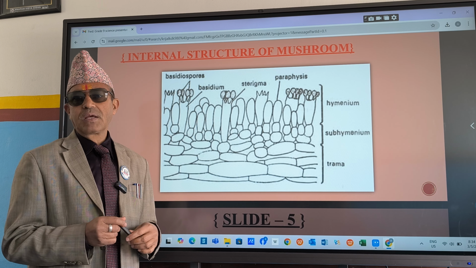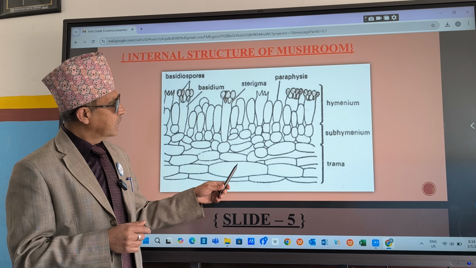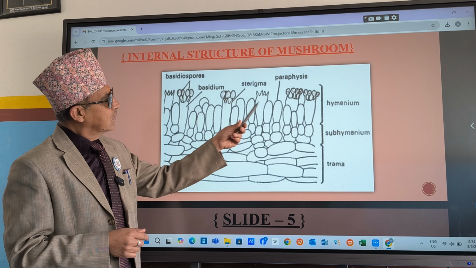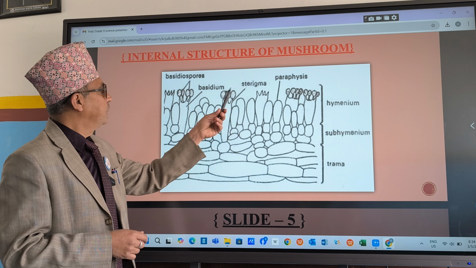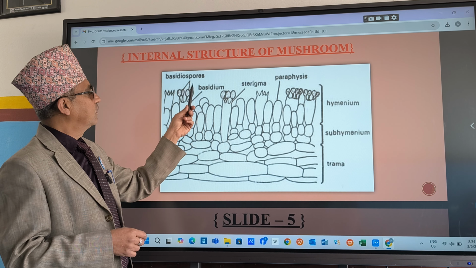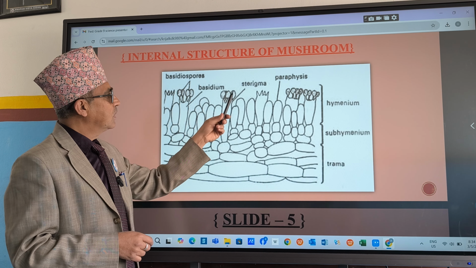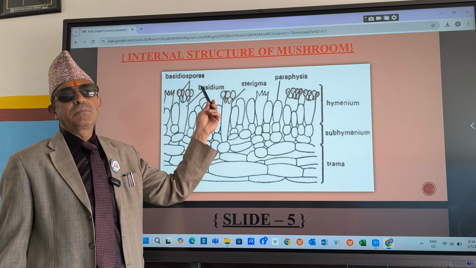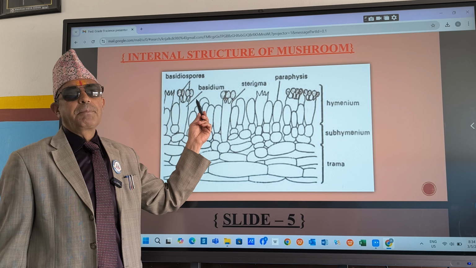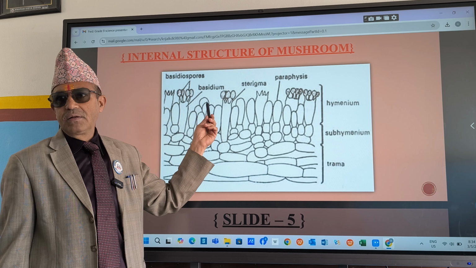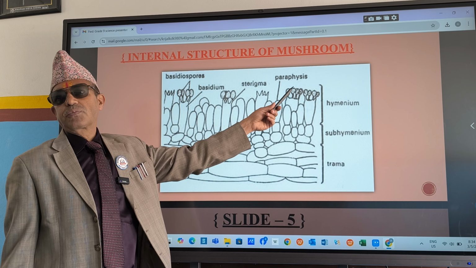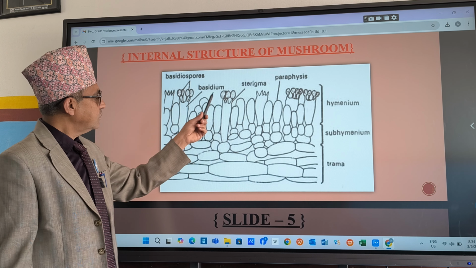In this section of the gill, in the hymenium, two types of cells are found: basidium and paraphysis. Basidium is fertile, it means it produces spores. Paraphysis does not produce any spores.